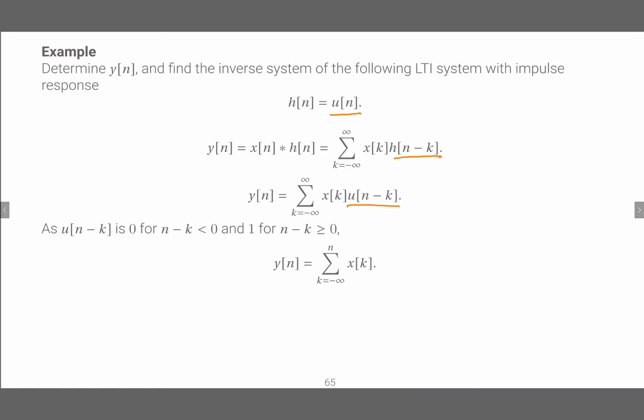We know the nature of u[n]: it is 1 at 0 and for n greater than 0, otherwise it is 0. So, as u[n minus k] is 0 for n minus k less than 0, and 1 for n minus k greater than or equal to 0, y[n] is equal to the sum over k from minus infinity to n of x[k].